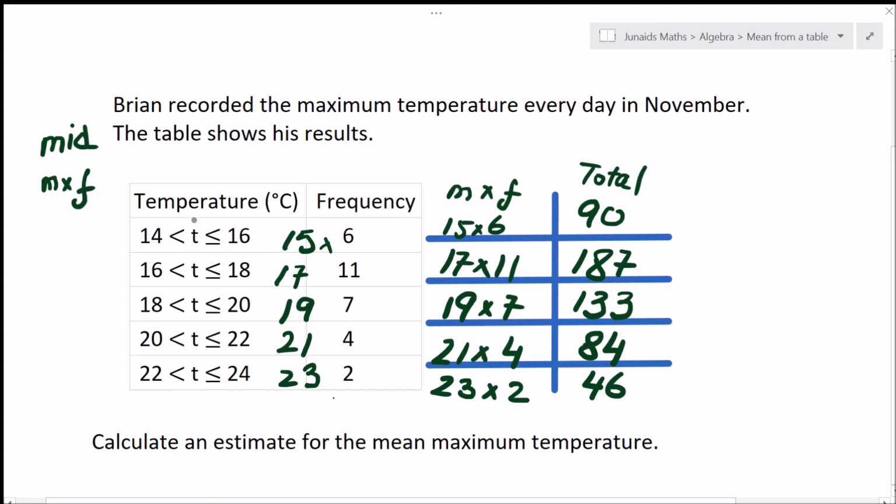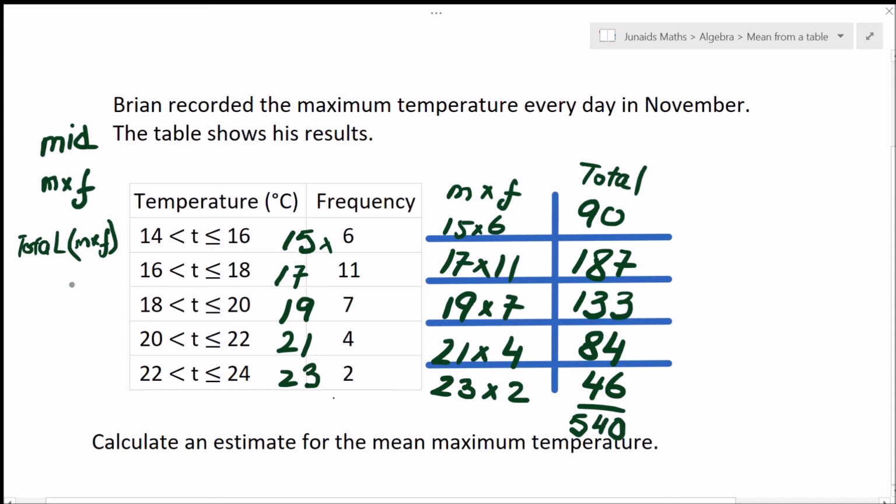So the next step is to add all of these m times f up, so the total of mf, what we have just worked out, or midpoint times frequency. Just add all of these up, and that is going to give us 540.